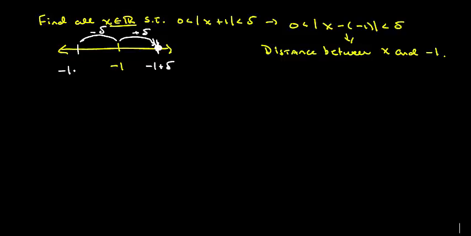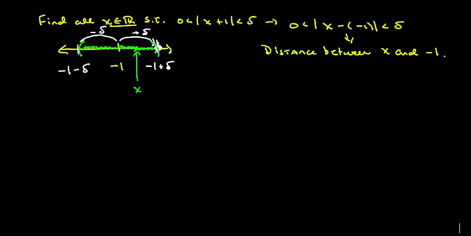So this would be negative 1 minus delta. And of course, x has to fall somewhere on this interval. It can't actually get out to these endpoints because the distance between negative 1 and x has to be less than the delta value that goes out. So we're not going to include these endpoints. So x can be anywhere it wants in here.